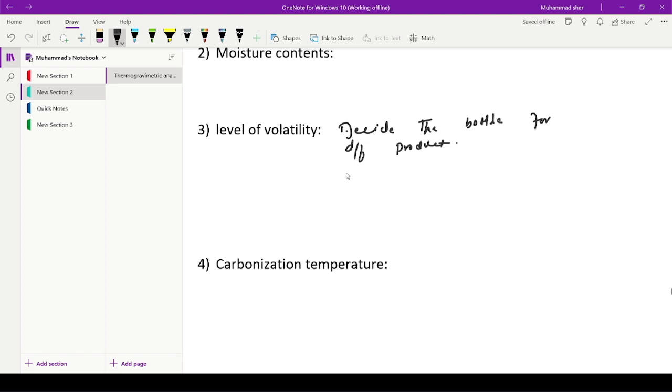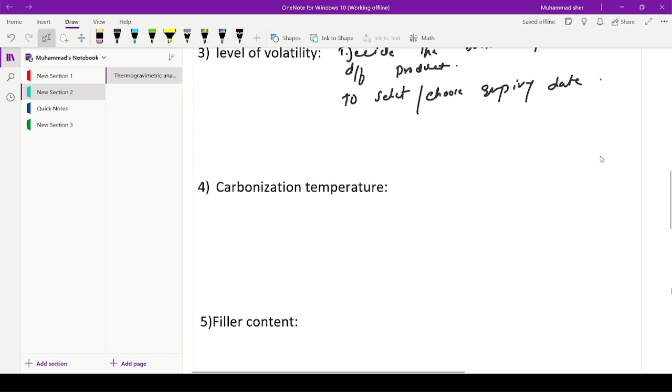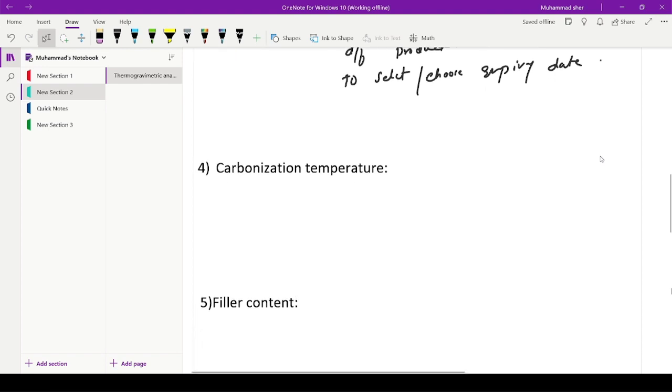Also, this is used to select or choose the expiry date for different products of different companies. So the level of volatility can be used to decide the different bottle for the different product, and also this application can be used to select the expiry date, since there is a specific expiry date on each and every product. So this can be decided through the thermogravimetric analysis after checking the volatility of the compound.